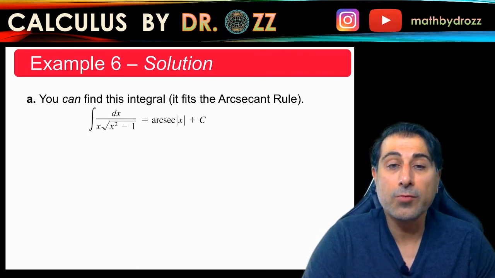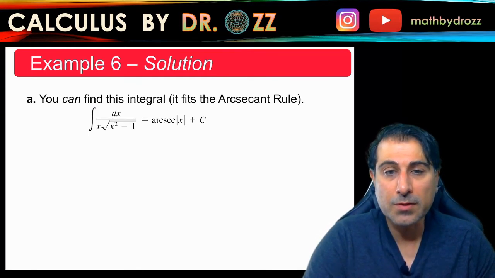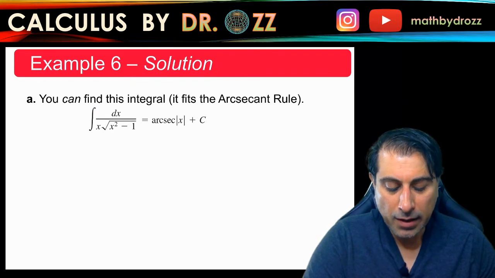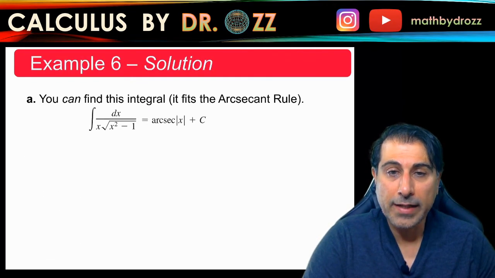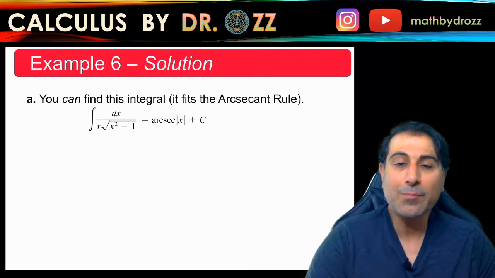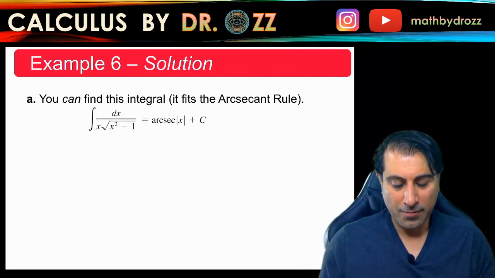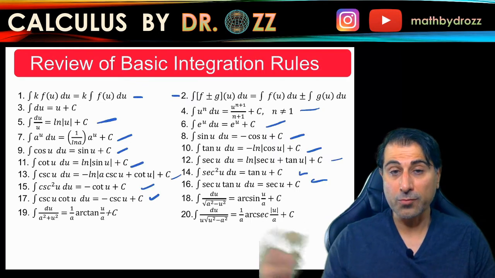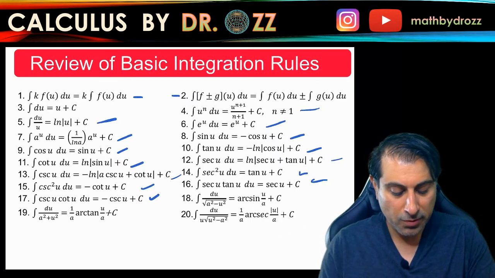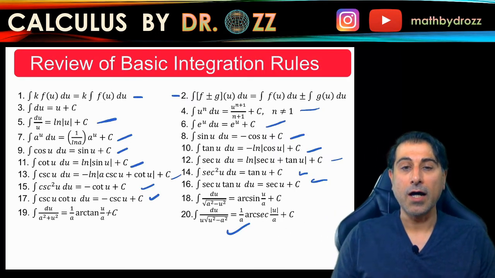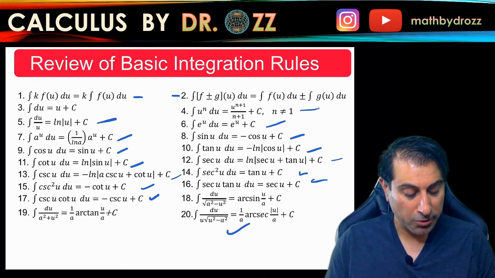So 1 over a arc secant of u over a plus c, but if you plug in a and x accordingly, you have arc secant of absolute value of x plus c. Again, we just use one of the basic integration formulas, or the one in the table, which is the same as this one. We use number 20 to reach this conclusion.